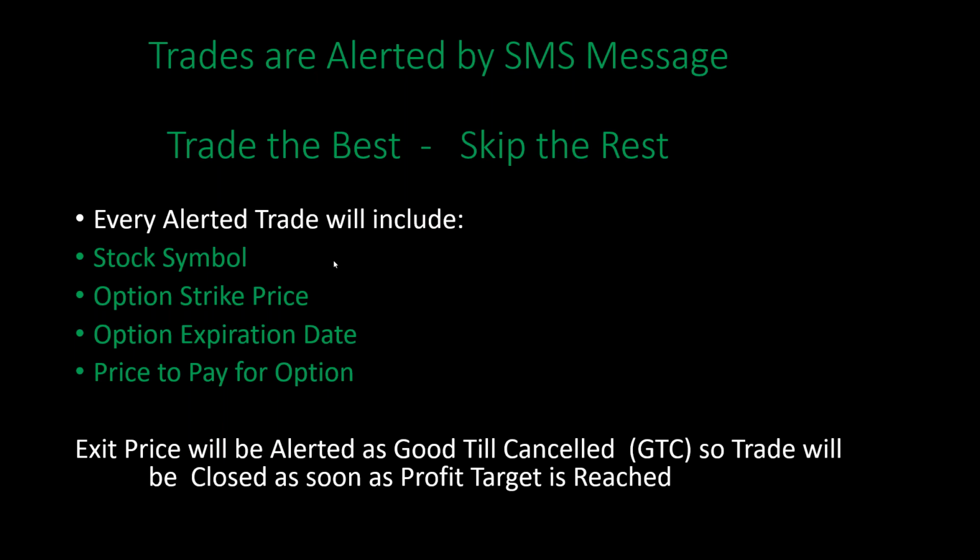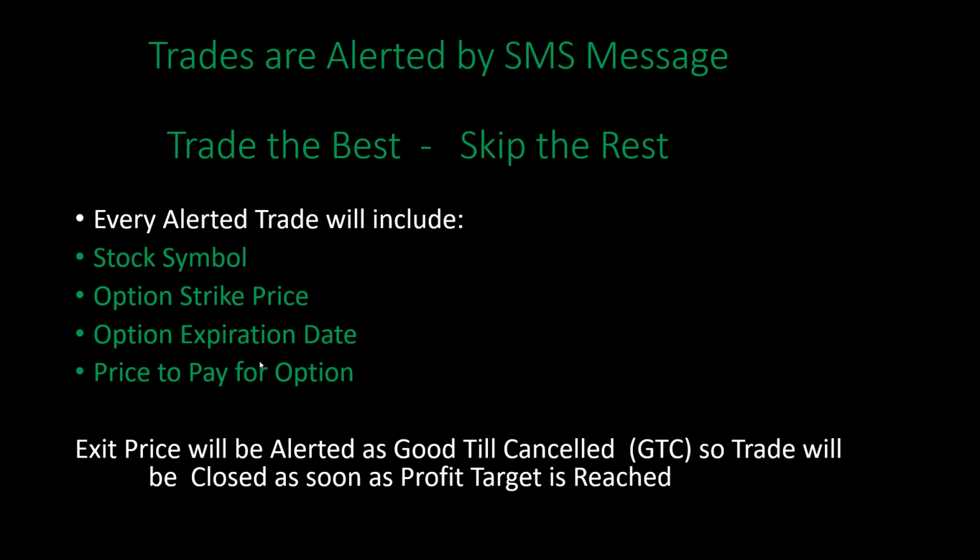Once we're in the trade, then I'll make a determination of what the profit target should be, or the loss target if we have to take it off. But I'm going to take a profit. I'm going to set the profit target after that. So once the profit target has been set, I send out the alert, and I'm going to specify in there GTC. I want you to put the trade on good till canceled, so that the trade will be active in the morning, in case you're not available.